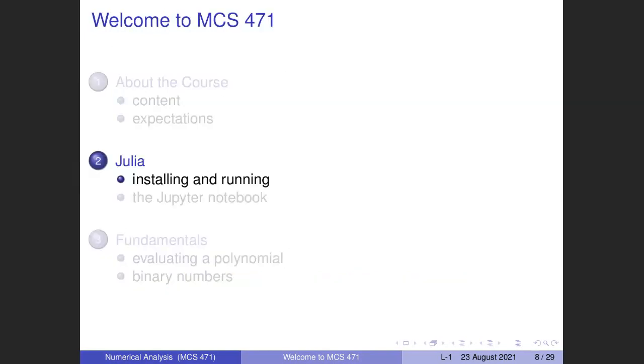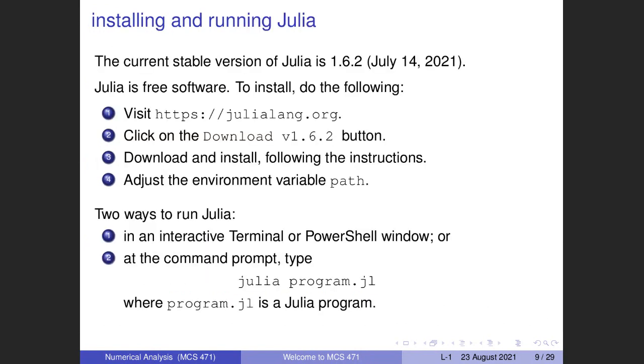All right, the second important point in this lecture is about Julia. So how do you get to Julia? Well, Julia is free and open source software. It's quite easy to install.